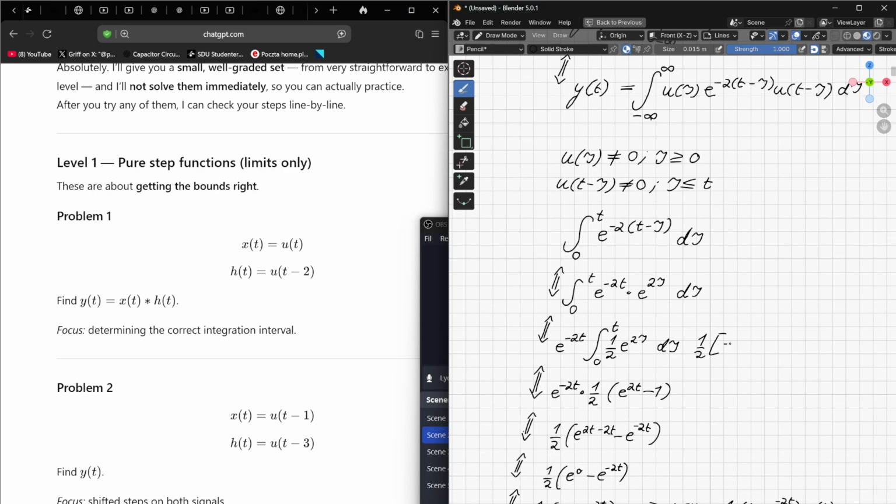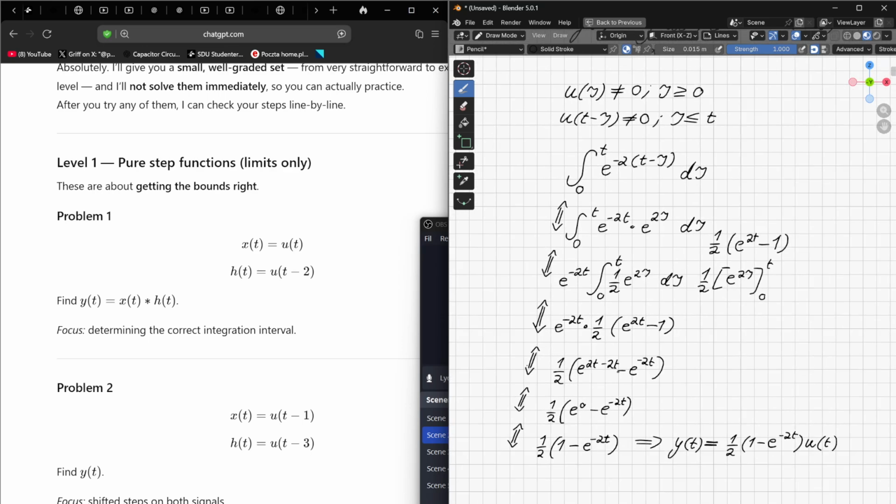We're going to integrate from 0 to t. So here this is e to the power of 2t, and then minus e to the power of 0, which is 1, right? So this is what we're going to end up with here, times that.